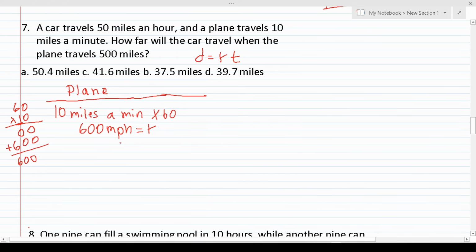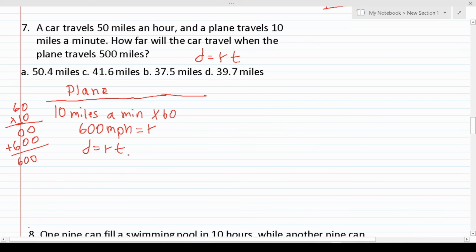In addition, we want to figure out how far the car is going to travel when the plane goes 500 miles. So in other words, we have to figure out how long this plane traveled to go 500 miles. That's fairly easy to do. Again, we're going to make use of the distance formula real quickly.